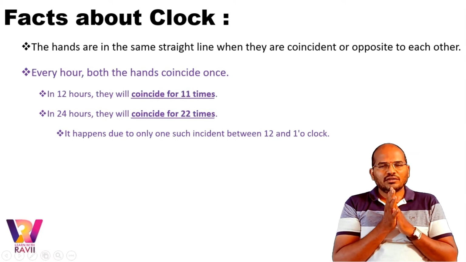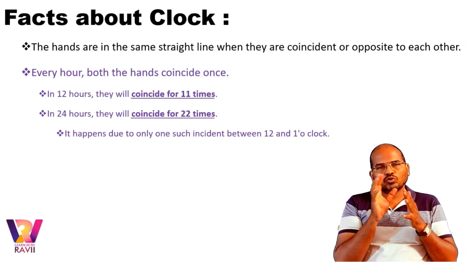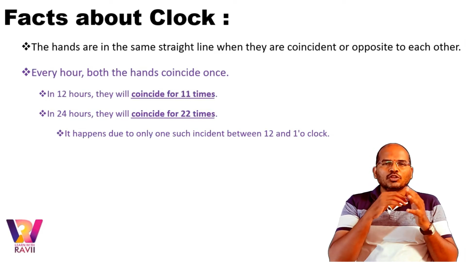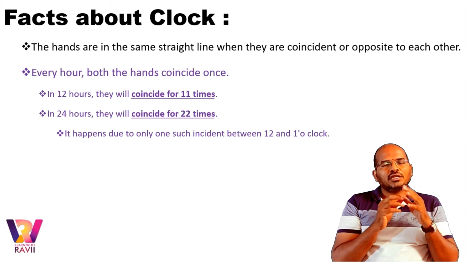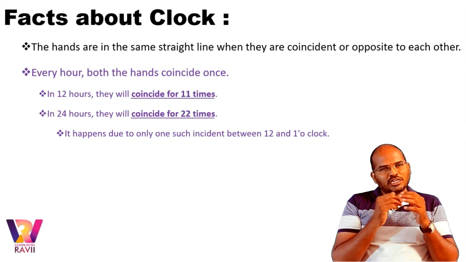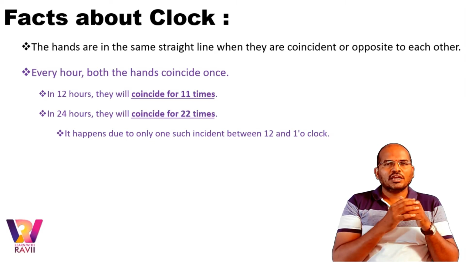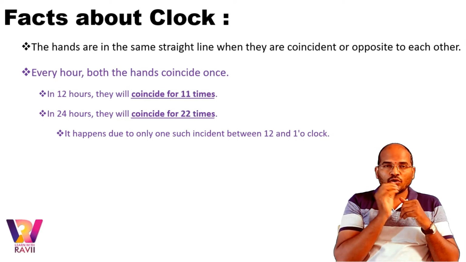Every hour both the hands coincide only once. So between 1 to 2, 2 to 3, 3 to 4, 4 to 5, in every hour in the 12-hour span, the minute hand and hour hand will coincide only once. Does it mean that in 12 hours we have 12 coincidences? No, we have only 11 coincidences.